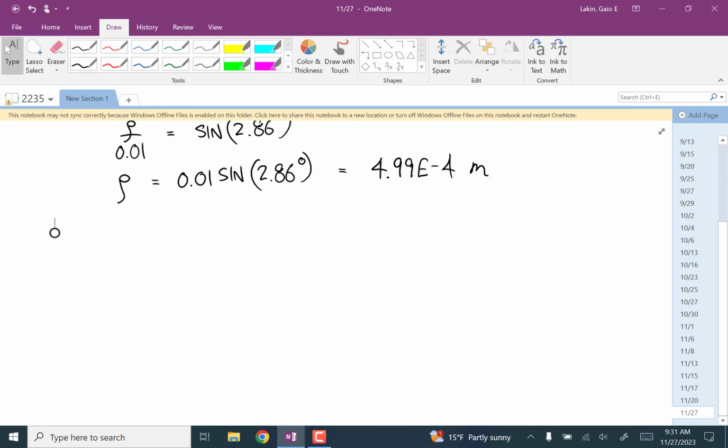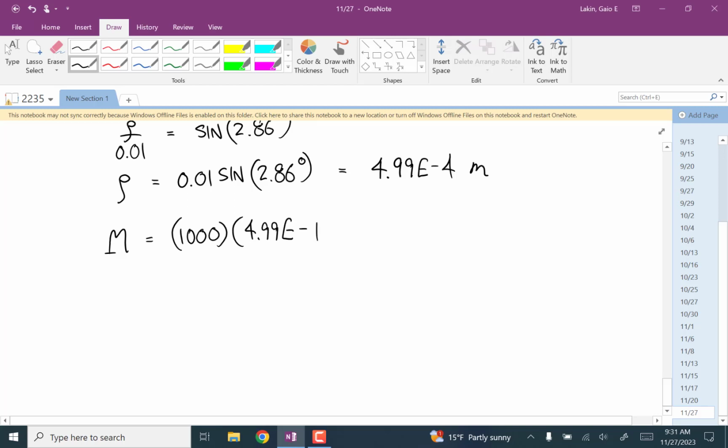And so the couple we'll have to apply is 1,000 times 4.99 times 10 to the minus fourth. And so that is 0.499 Newton meters.